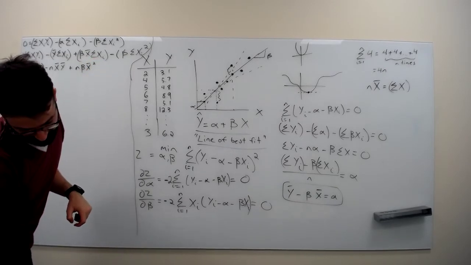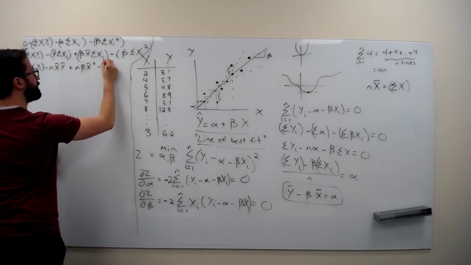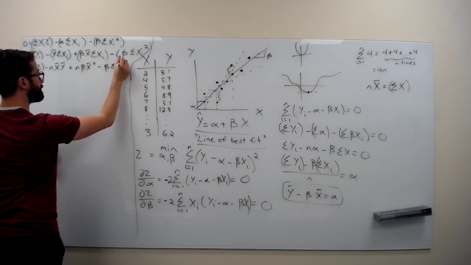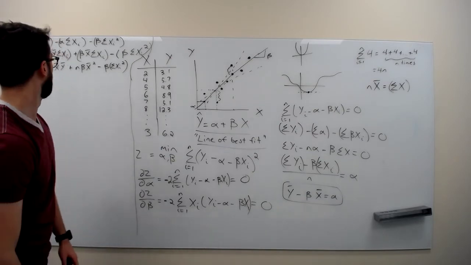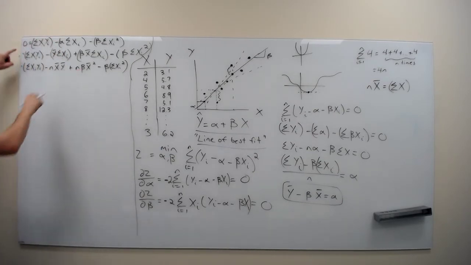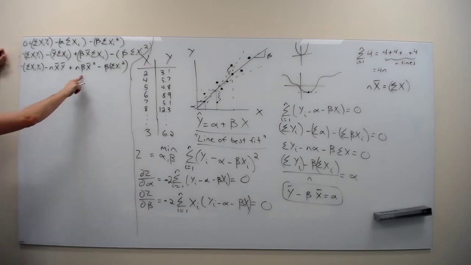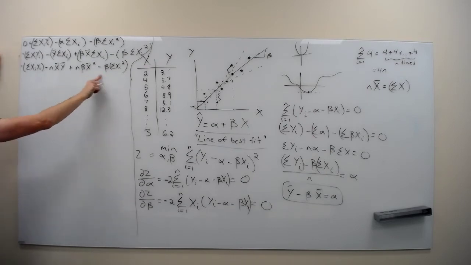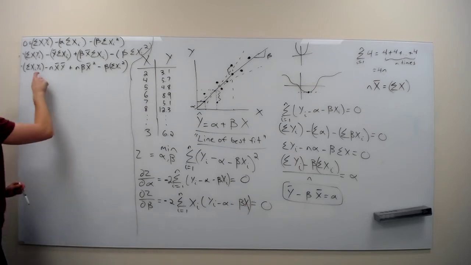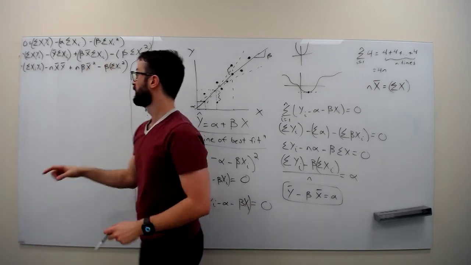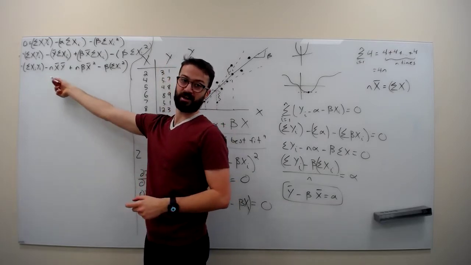Minus beta sum of xi squared. Awesome. So it's still ugly, but we're starting to get there. And actually, this whole thing equals 0. I put 0 up here. And we're getting close. We have two terms with beta. We have two terms without beta. So what we can do is move these two terms to the other side of the equation.